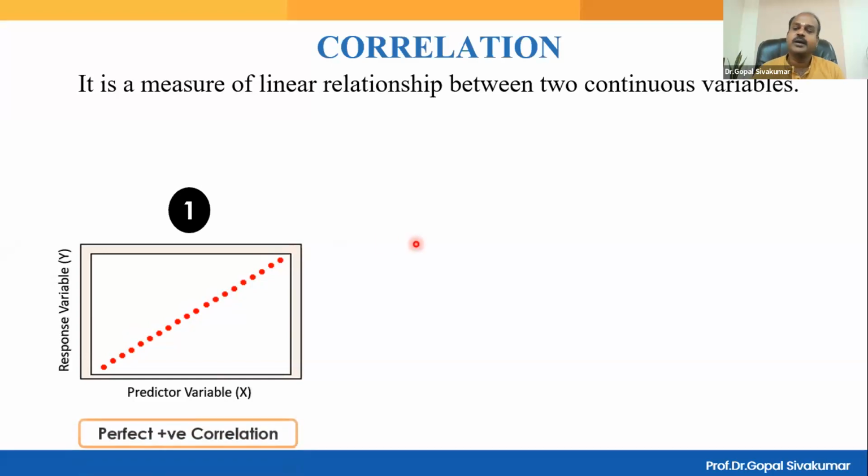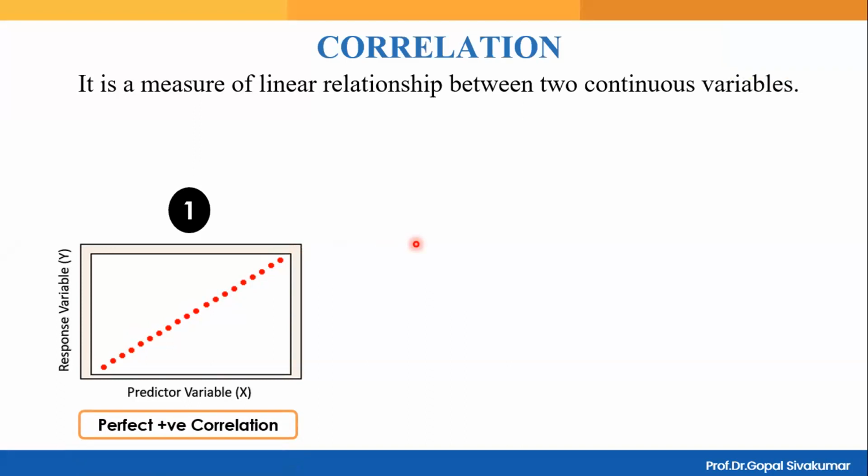So this is called a positive relationship, or positive correlation. Moreover, the pattern is a perfect straight line. Can you see a perfect straight line here? You can keep a scale and connect it, and all the points will fall on the line. Am I right? Yes, sir. That means the relationship is a perfect positive correlation.